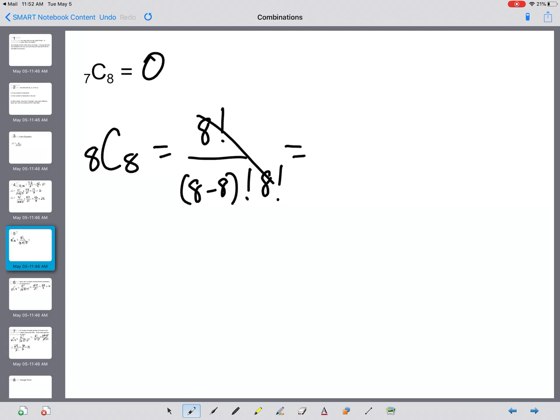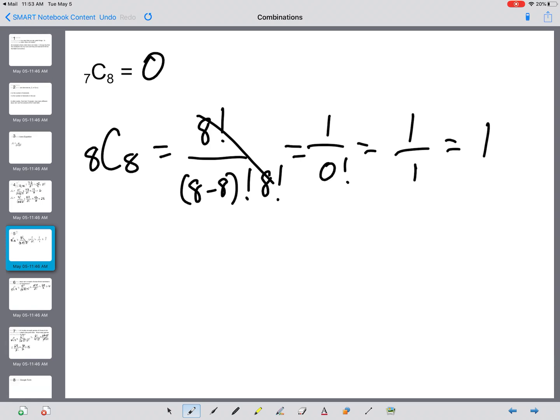The 8 factorials cancel, so I got 1 over 0 factorial. We know 0 factorial is 1. So 1. And that makes sense. If I had 8 friends and I wanted to choose 8 friends to go to the movie, I'm going to choose them all. They all get to go.